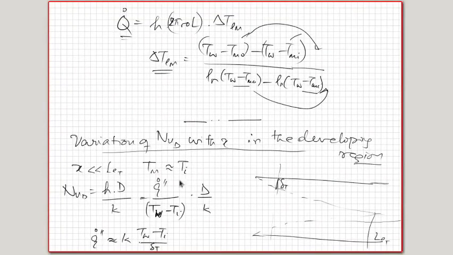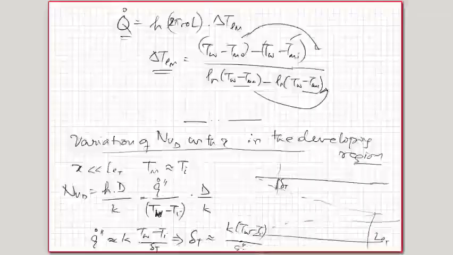So if I look at this expression, the delta T is approximately equal to k into T wall minus Ti divided by q dot double prime wall.